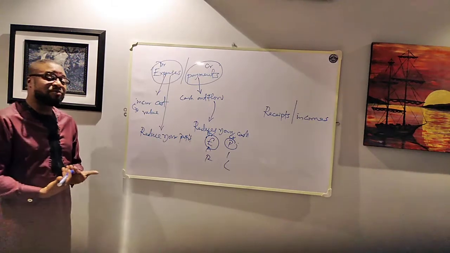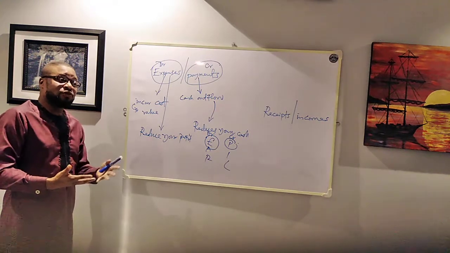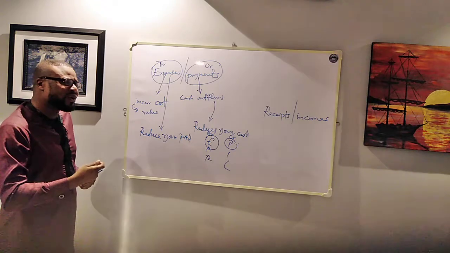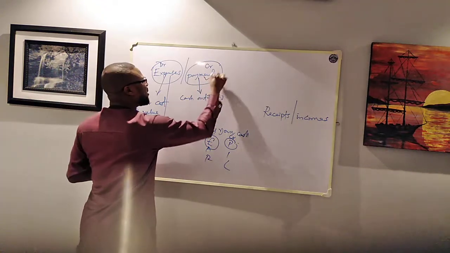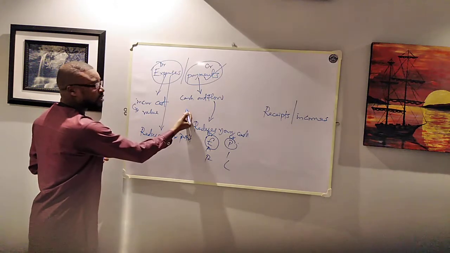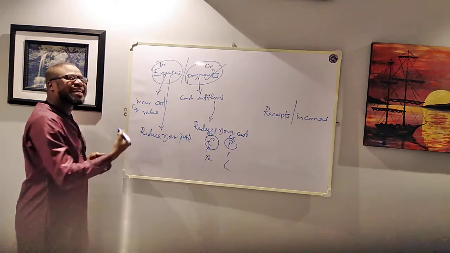What if a friend of mine approaches me and says I should lend him the sum of $5,000, and I give him the sum? When I give him the sum of $5,000, I have made a payment to this guy. It's a payment. There's an outflow of cash. But at the same time, I have not incurred any expense.